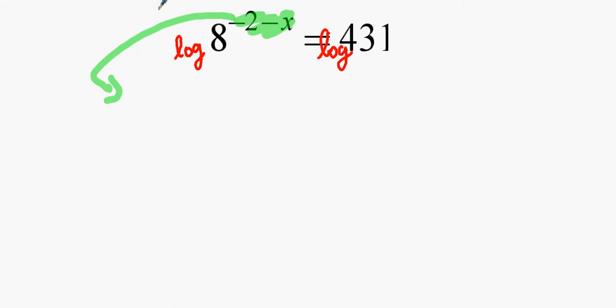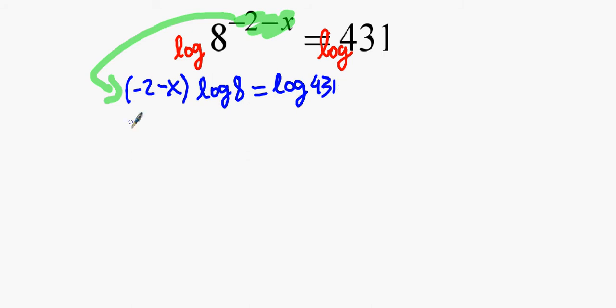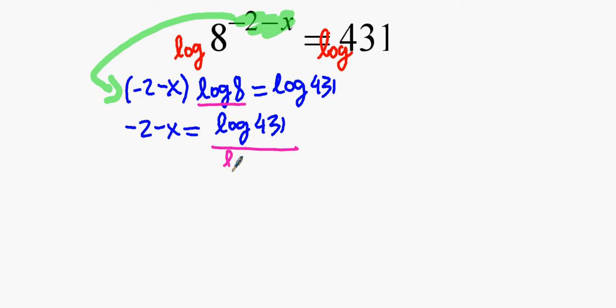So now we have negative 2 minus x times log 8 equals log 431. So negative 2 minus x will equal log 431 divided by log 8. So we took this one and just put it under.